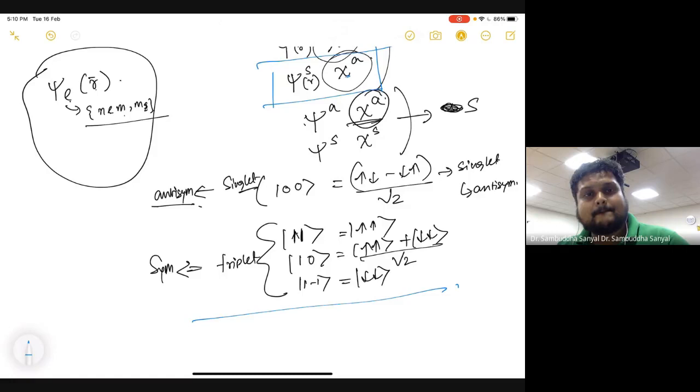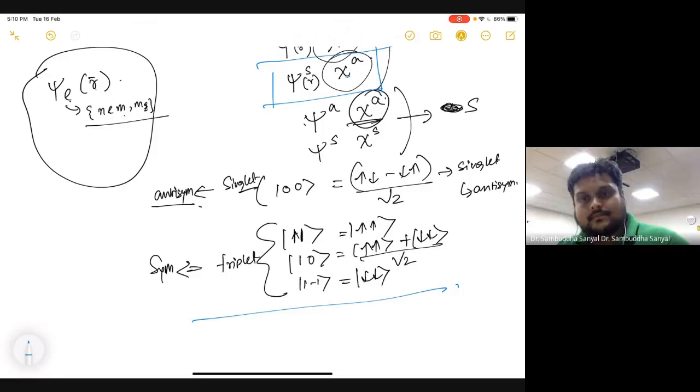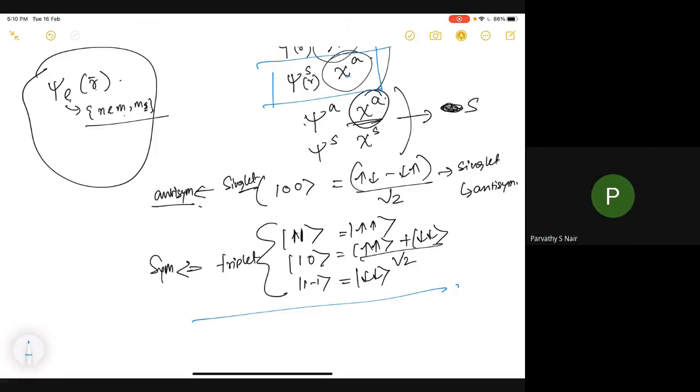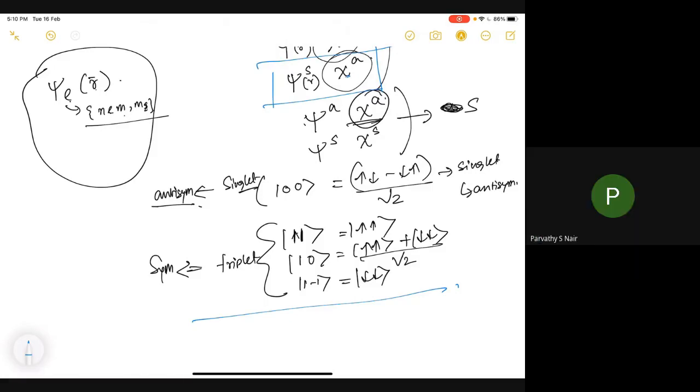Okay, wait, I'm confused. The point is that if you want 2 hydrogen atoms to come together, you need both of those atoms to be bosonic. Yeah, so that you get the question of singlet, 2 spins, you need 2 particles, right? Yeah, that's fine. So my point is, if the individual hydrogen atoms are bosonic, they will anyway be attracted to each other because of the exchange forces, right?